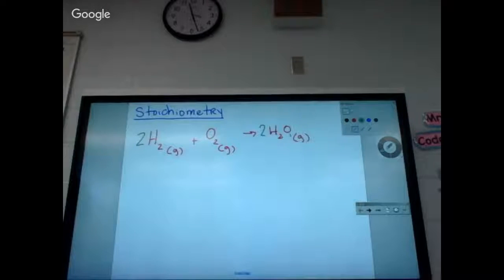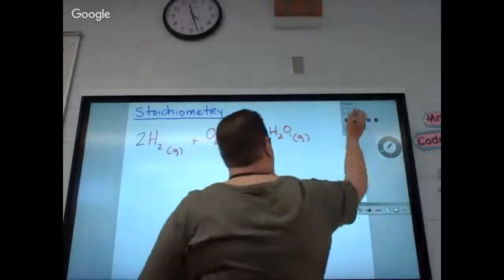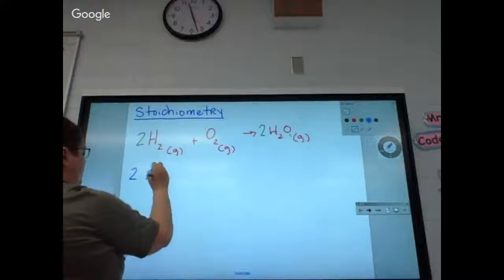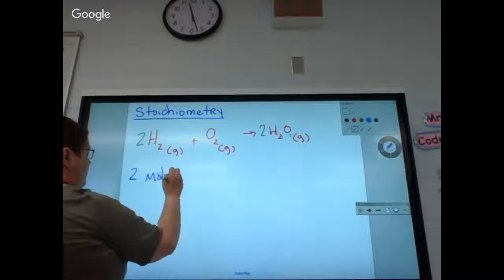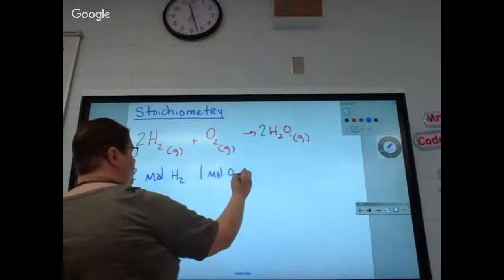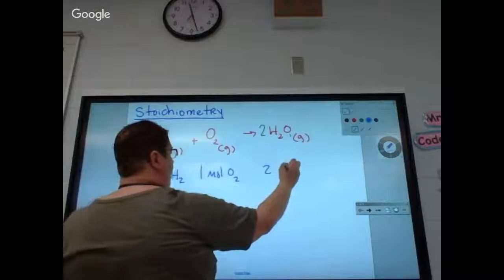Okay. Now, back when we did this, we talked about the fact that hydrogen has a coefficient of 2. So this would be 2 moles of hydrogen to 1 mole of oxygen to 2 moles of water.